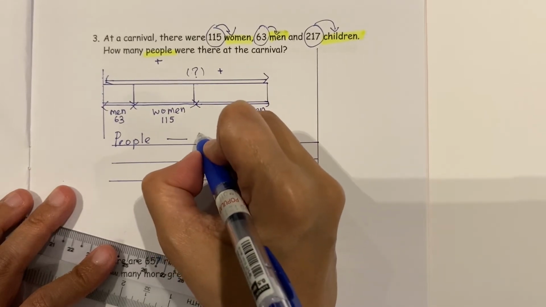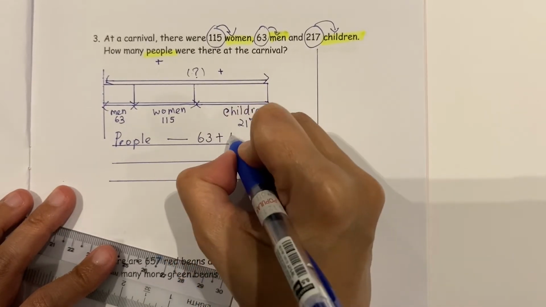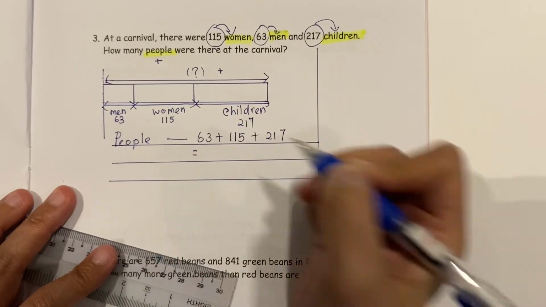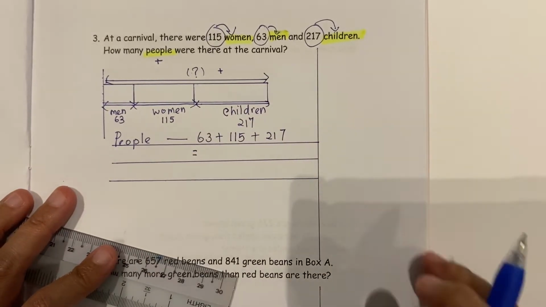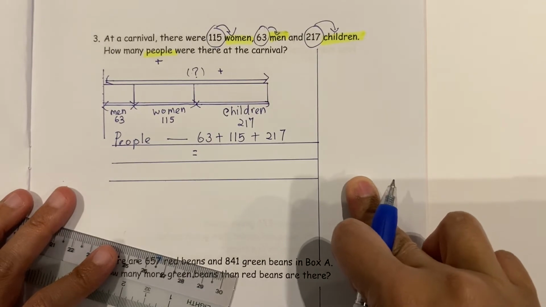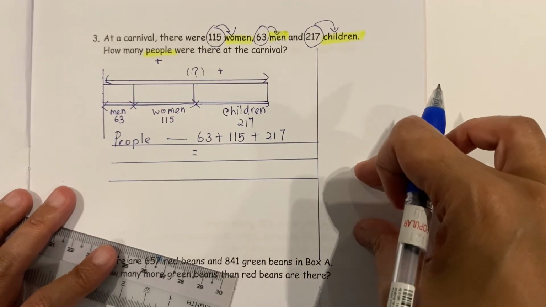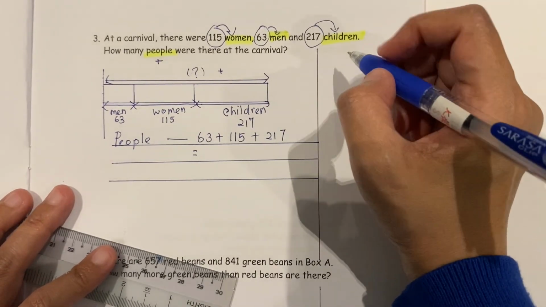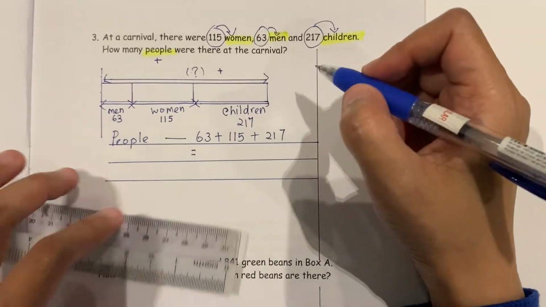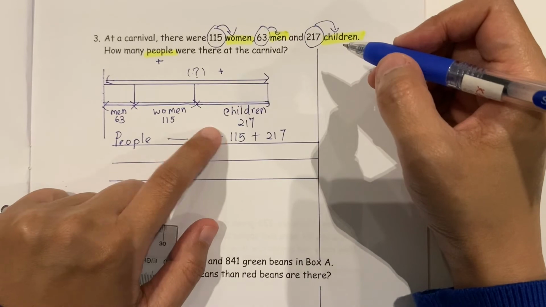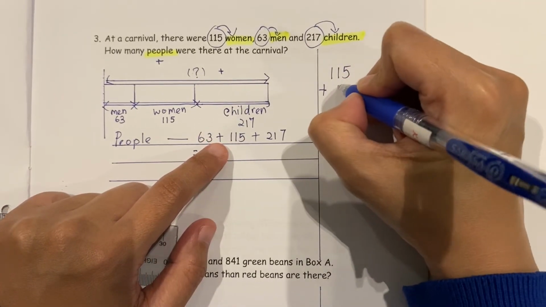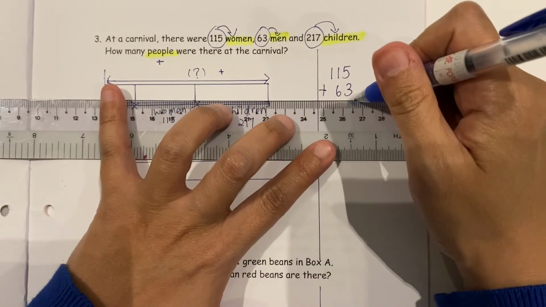So you have your 63 plus 115 plus 217 equals, right? You can do all three together, or you can break up 2, then get the answer, and then add. So I'll do the breakup first. I like to do 2 first, okay? So I take 115 plus 63.